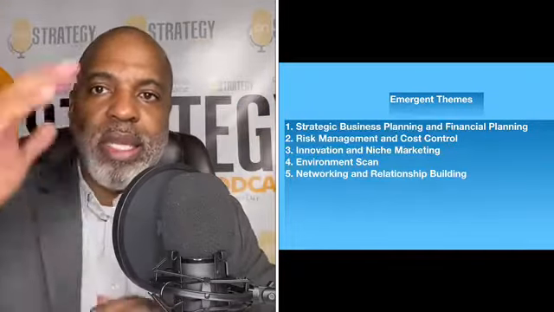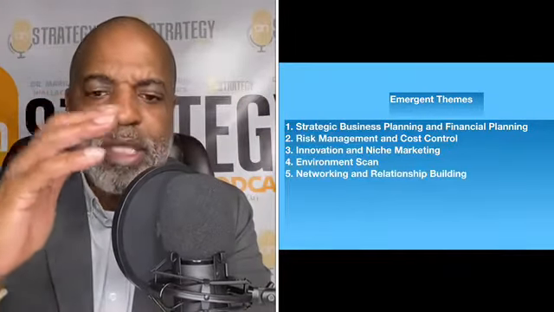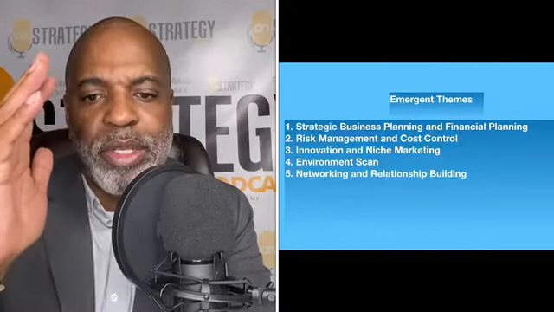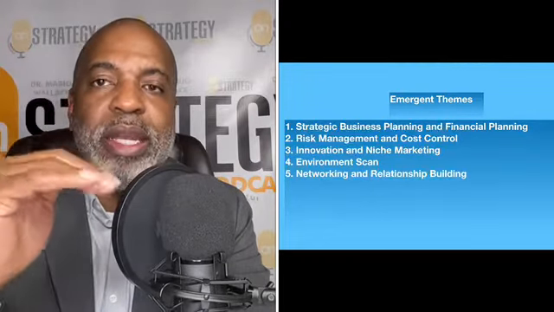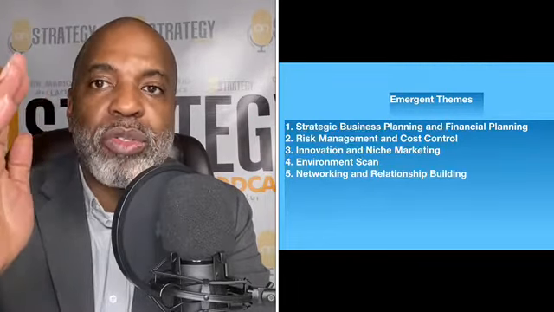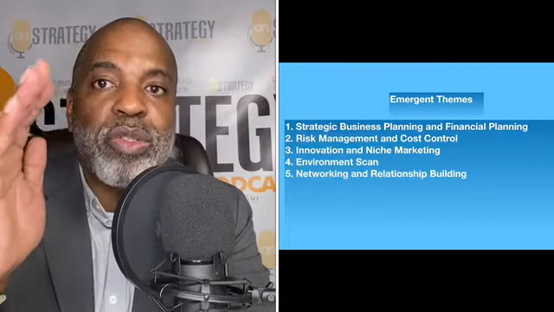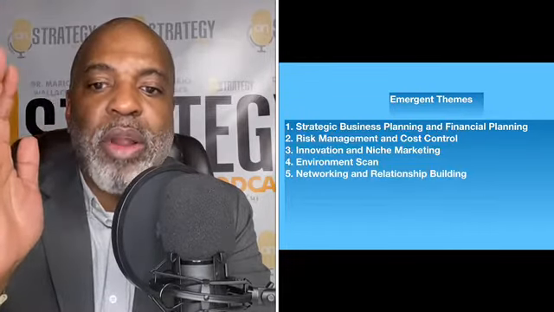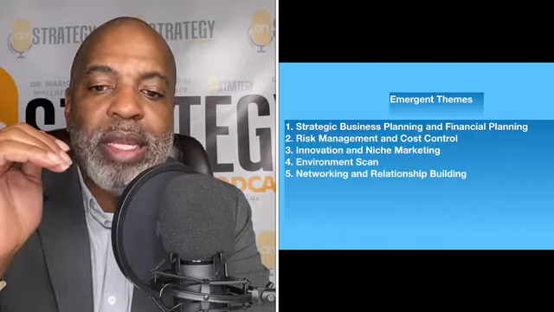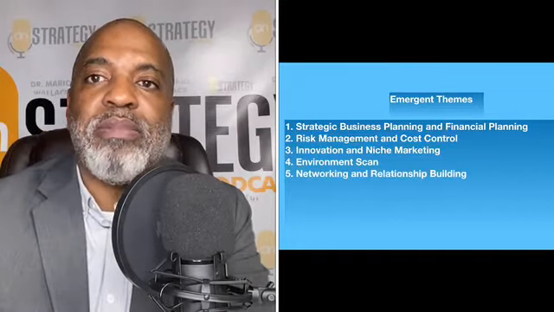But if you look at these, from the top, you see strategic business and financial planning, risk management and cost control, innovation and niche marketing, environmental scan, and networking and relationship building.